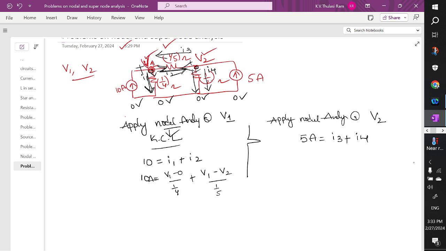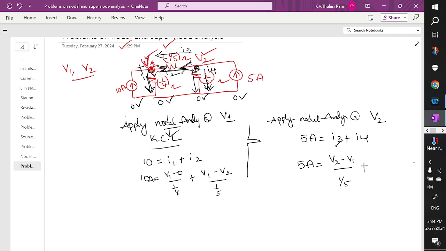Similarly, let's do it for node 2. Here you have an entering current of 5 amperes, and the current is flowing from V2 to V1. So I3 is high potential V2 minus V1 divided by R. What is the 1/R value? 1/5. Plus, how to write I4?